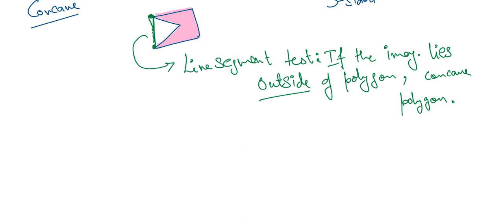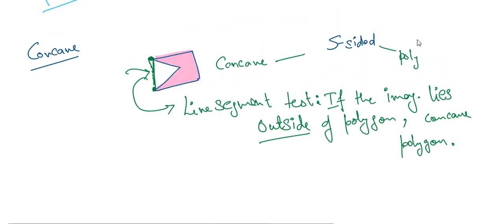Except this, I won't be calling it interior of my polygon. So here the green line, which is my imaginary line, connects two of my edges, and if the imaginary line lies outside of my polygon, then I would name it concave. So the given figure is a concave 5-sided polygon.